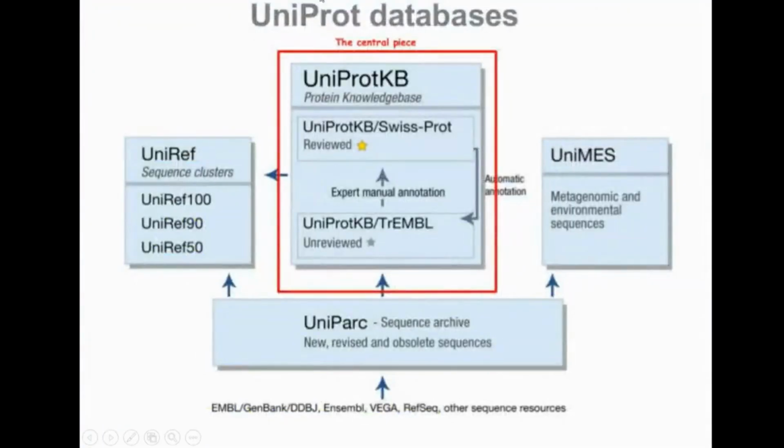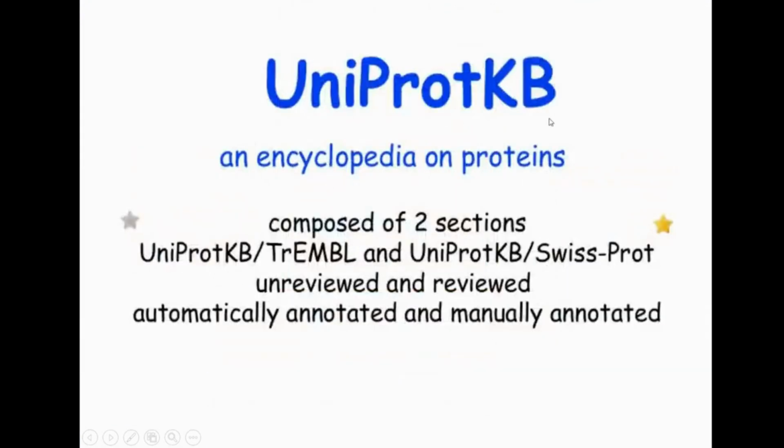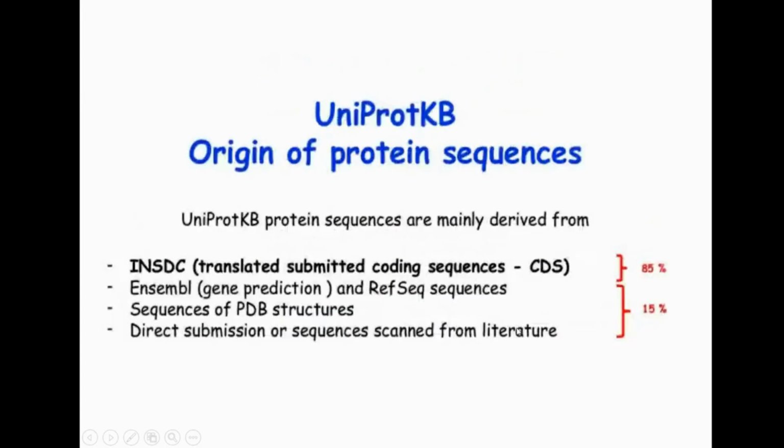Coming to the central piece of the UniProt database, that is UniProt KB: it is an encyclopedia on protein composed of two sections, UniProt KB translated EMBL, which is an unreviewed and automatically annotated database, and UniProt KB Swiss-Prot, which is a reviewed and manually annotated database.